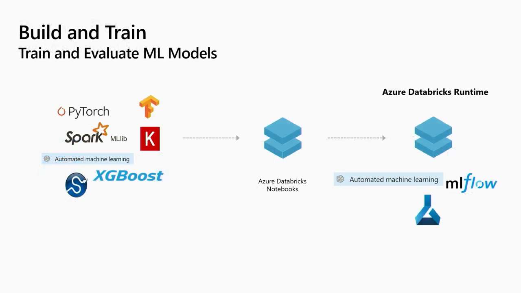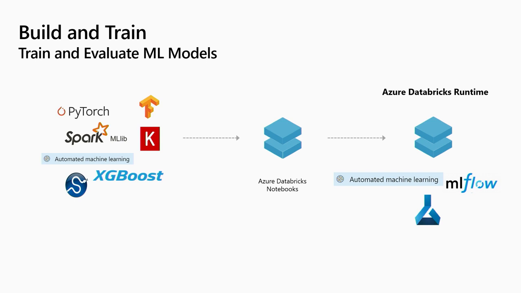In the build and train phase, you have a variety of frameworks to choose from. Today, you can use so many different frameworks to build machine learning models, and we want to make sure that we support every framework. So you use Azure Databricks notebooks to use these frameworks to build models.